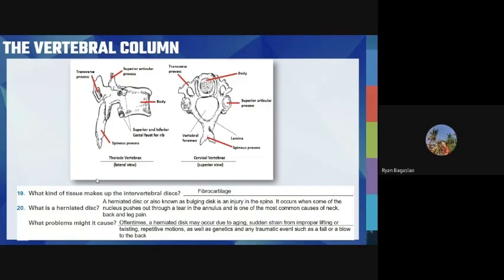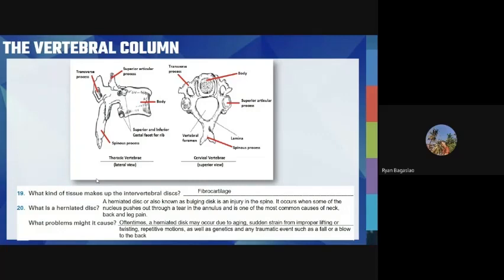So the first picture, as you can see, has a label that points out the superior and inferior costal facet for rib. And the other red labels are the markings that I was asked to identify and label.